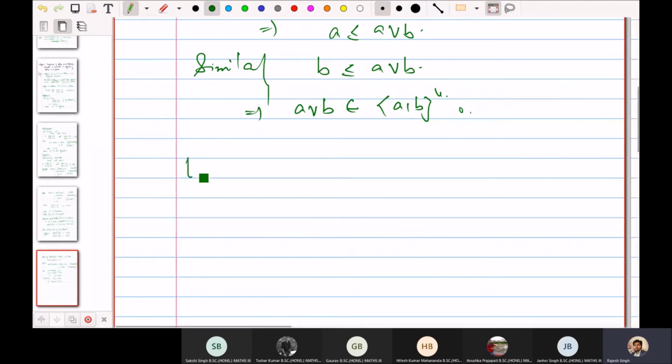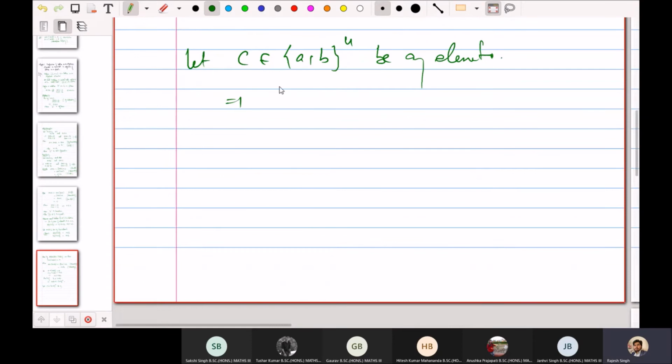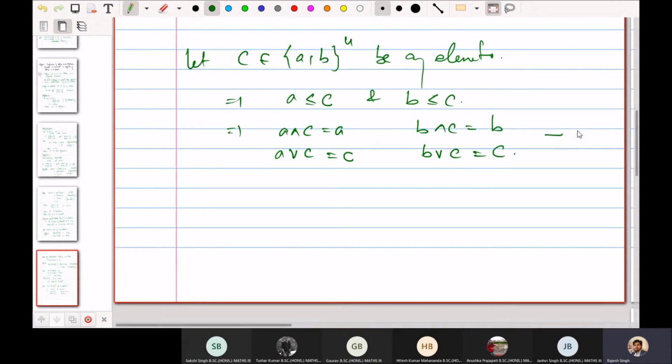So let C belongs to L be any element that is an upper bound of A and B. So this implies A is related to C and B is related to C. So this implies A cap C is equal to A, A cup C is equal to C, B cap C is equal to B, B cup C is equal to C. ठीक है?